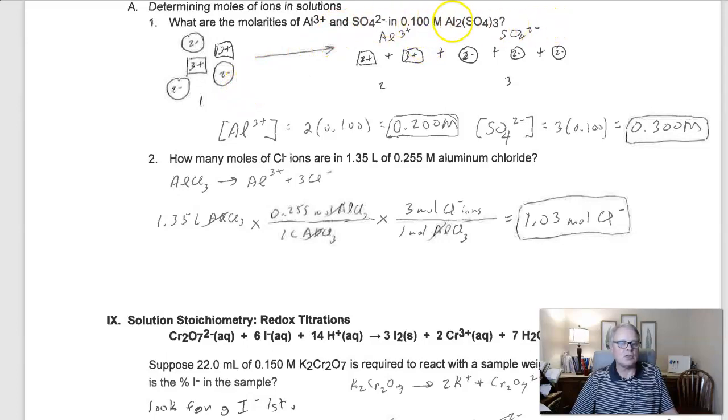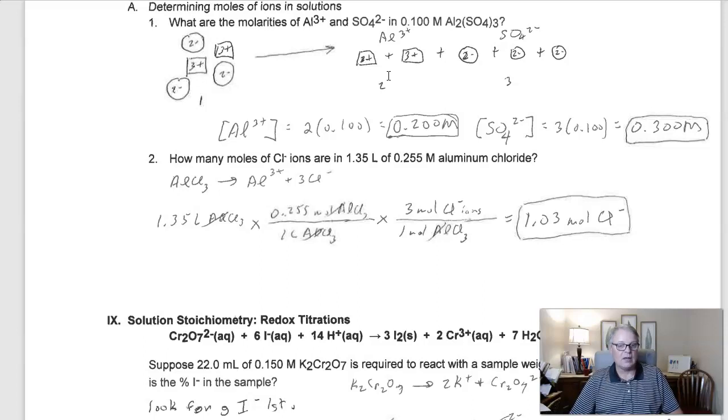If my concentration is 0.1 molar in aluminum sulfate, what is my concentration in aluminum 3 plus? Well, every time I put 1 aluminum sulfate in the water, how many aluminum 3 pluses do I get? Well, I get 2. See? So do you see that there's twice as many aluminum 3 pluses floating around in that solution as aluminum sulfates that I started with?